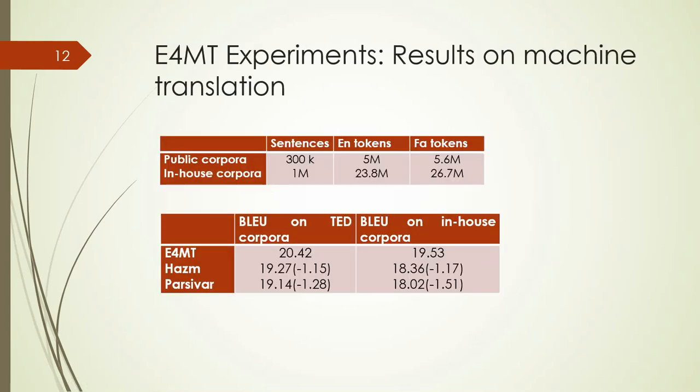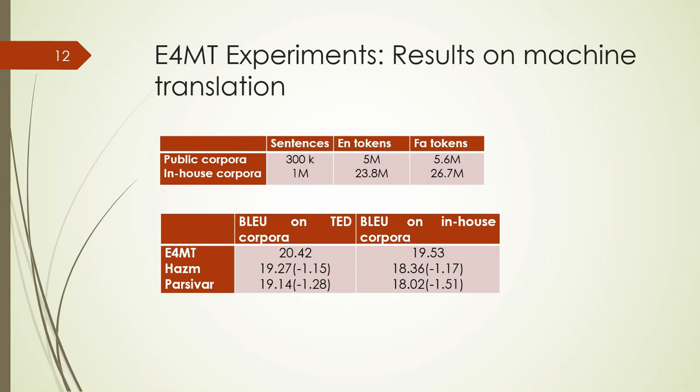We chose machine translation as a downstream NLP task to evaluate E4MT and compare it to two other publicly available Persian preprocessing toolkits, HAZM and Parsivar. To investigate the effect of these tools on the machine translation task, an English to Persian transformer model was trained using the Marian toolkit. For all of the MT systems, we process the training, development, and test datasets by one of these tools and evaluate the systems using the automatic measure BLEU.